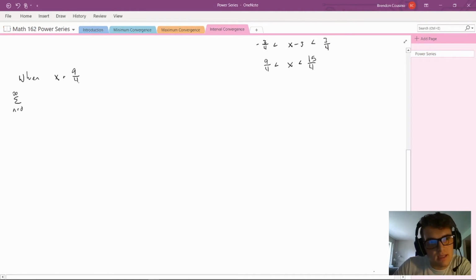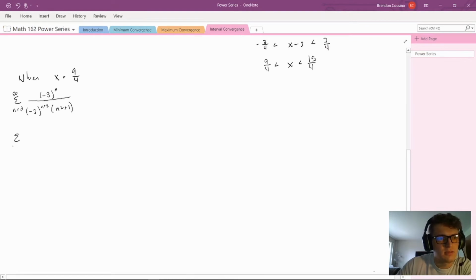So when we plug in our 9 over 4, the 4 is going to cancel, and we're going to be left with 9 minus 12 to the n. So that's going to be a negative 3 to the n, divided by our original piece, which was a negative 3 to the n plus 2 multiplied by n squared plus 1.